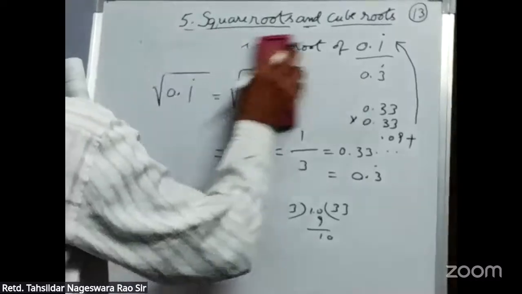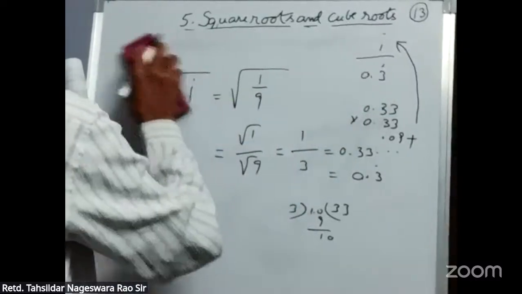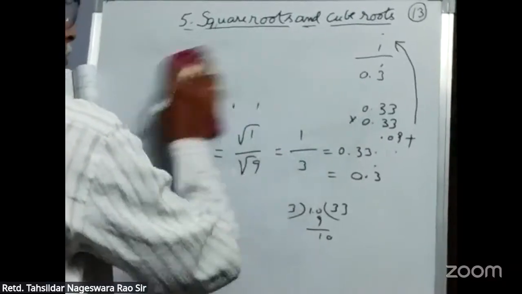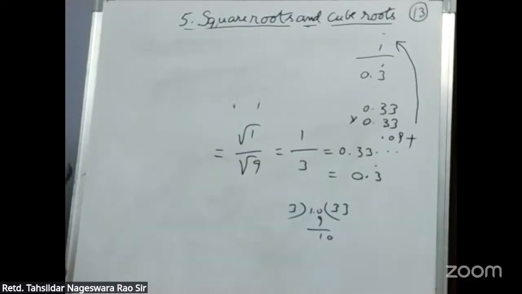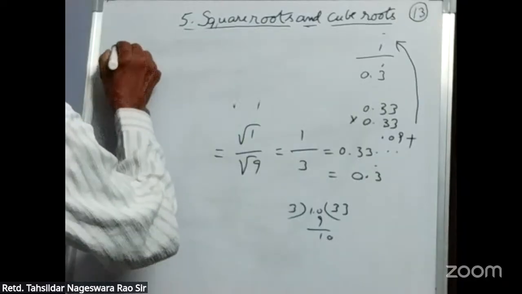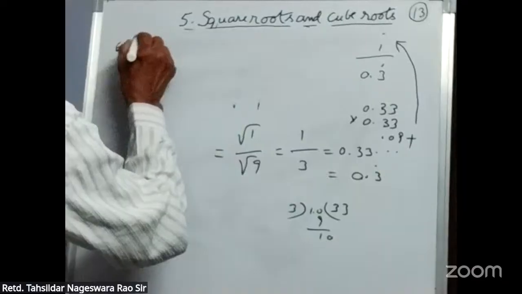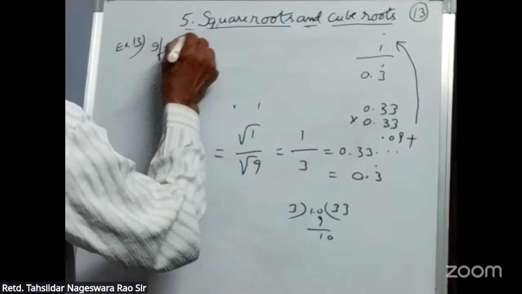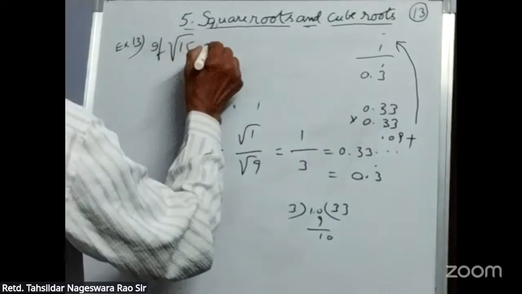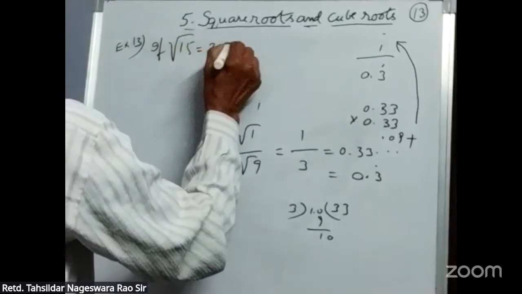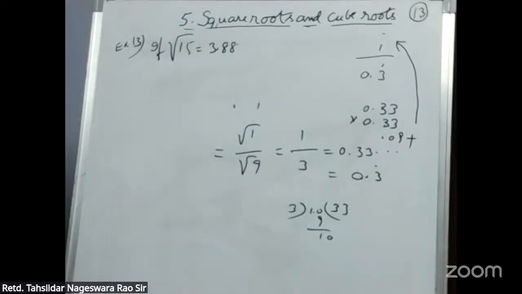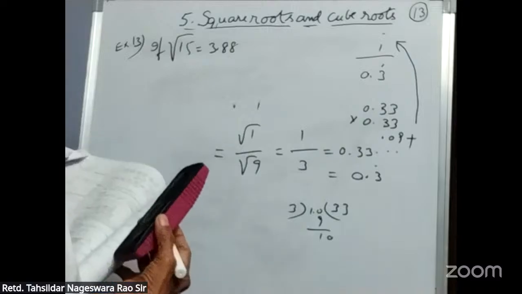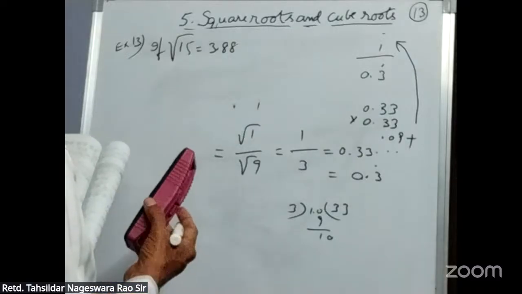Next question. If root 15 is taken as 3.88, maybe some approximation, but take it as 3.88.